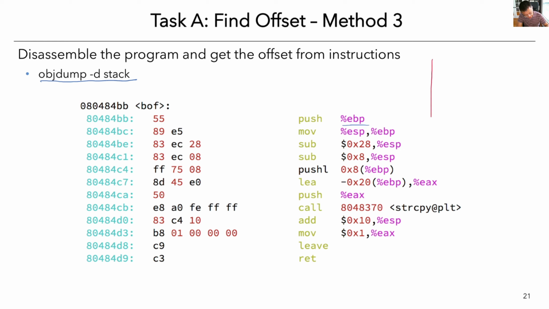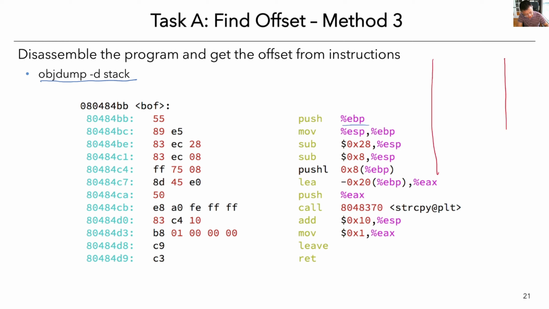So here, the str will be our input, then we have a return address. Okay, this is the state before entering the function, where ESP points to here. Then every time you push something to the stack, the ESP will move down. So we push EBP, so we have an EBP prime here, the old EBP. So now the ESP points to here.